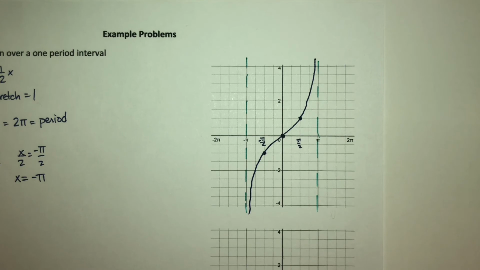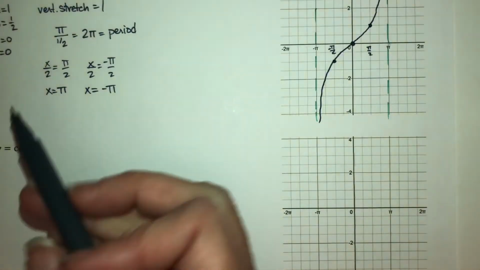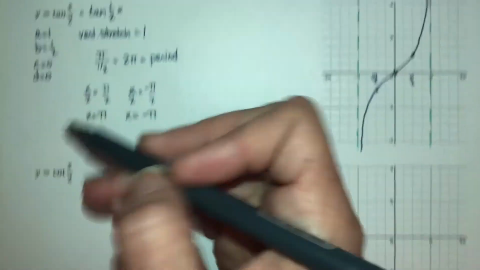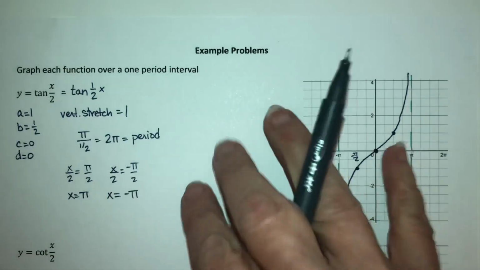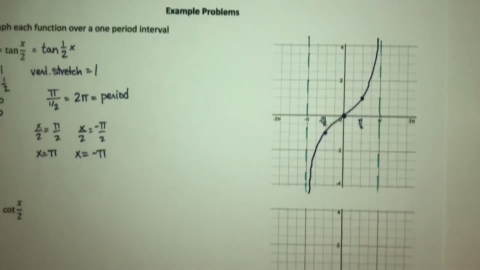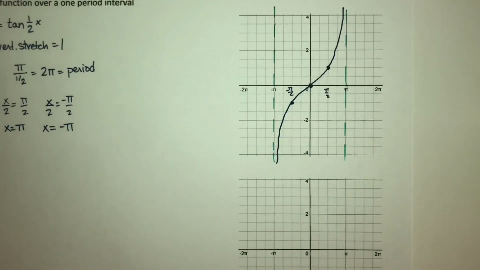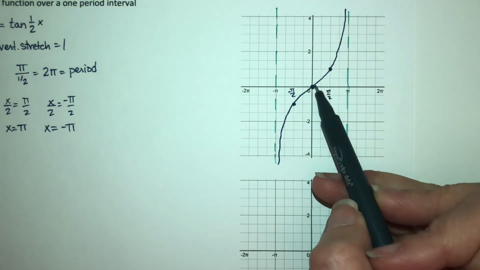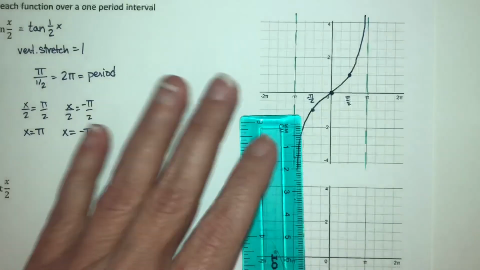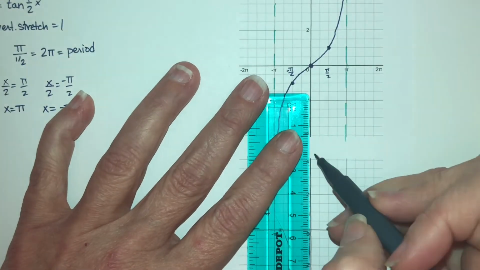Okay. Now let's graph cotangent of x over 2. This has the same argument as this, so I'm going to use this graph to do this one. So what do I know if I'm comparing these graphs? Well, wherever this is 0, cotangent is going to have a vertical asymptote. So I'm going to put that in here.